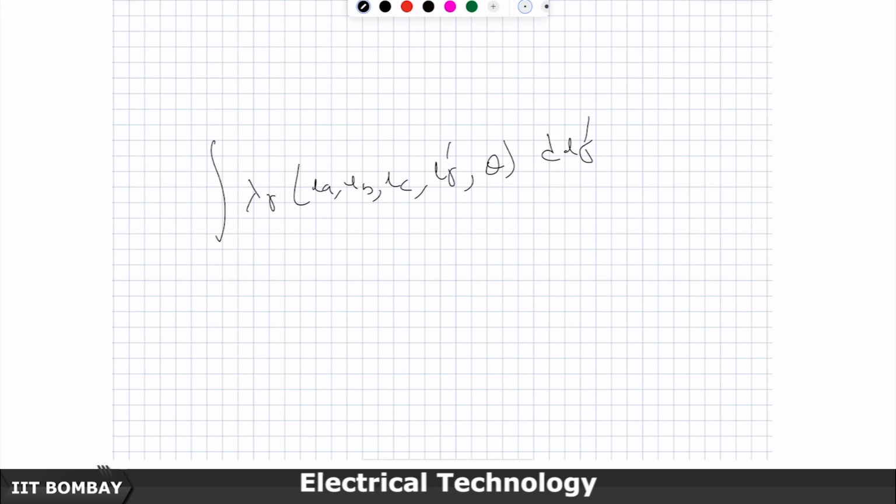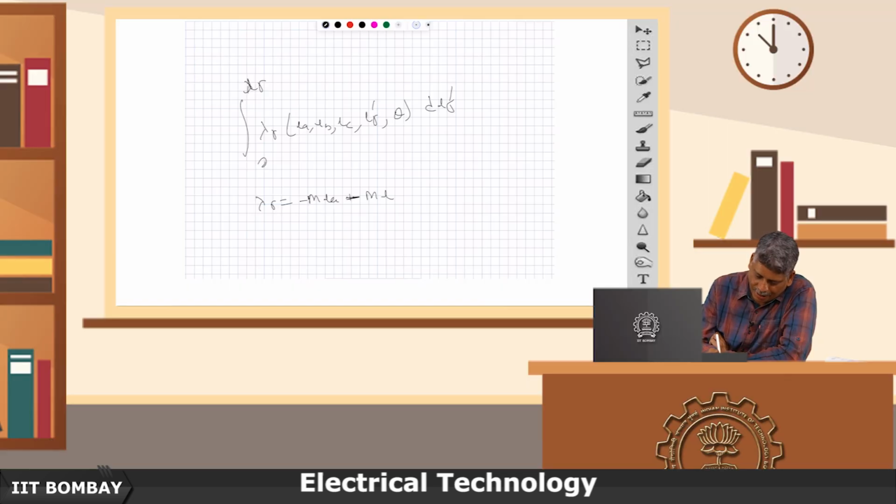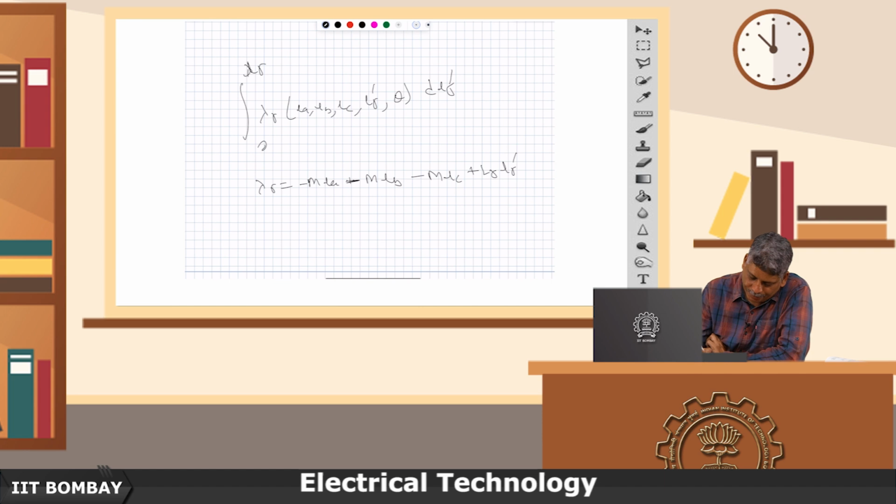I am looking at the contribution coming out of this to IR, and for that I have to first write all that equation: minus M IA, minus M IB, minus M IC, plus LR IR dash, plus MAR cos of theta.